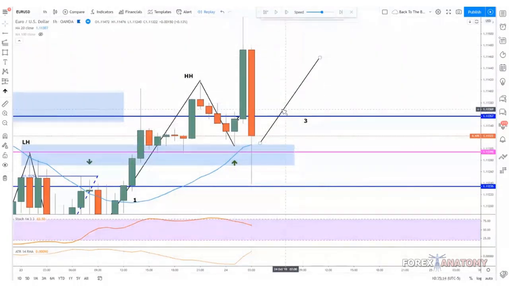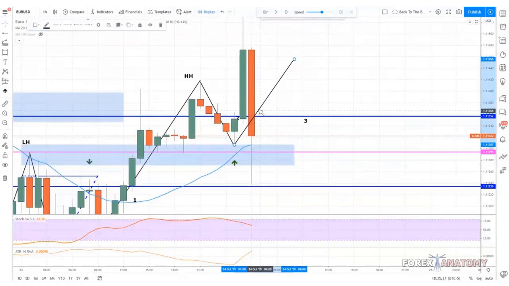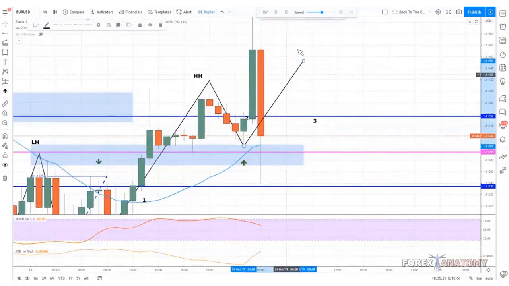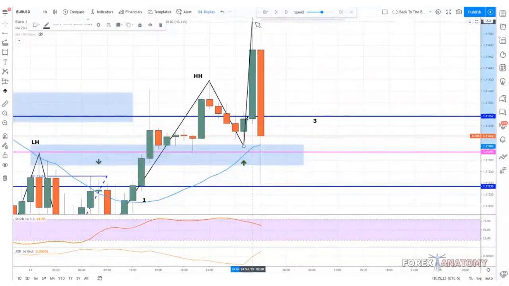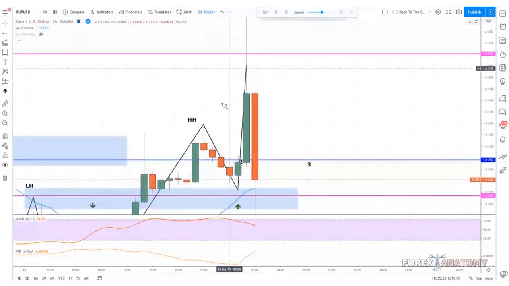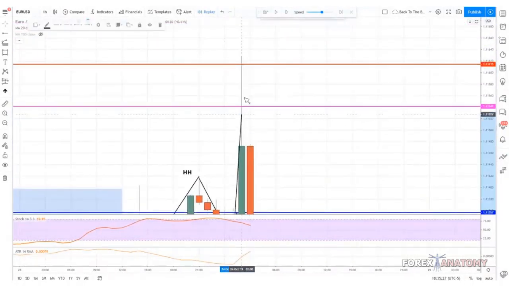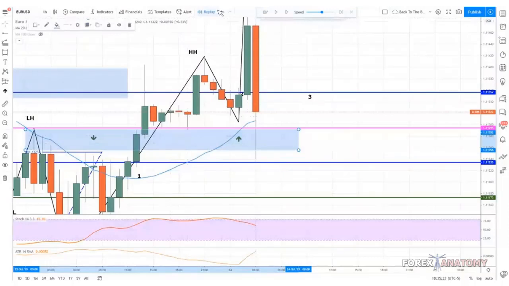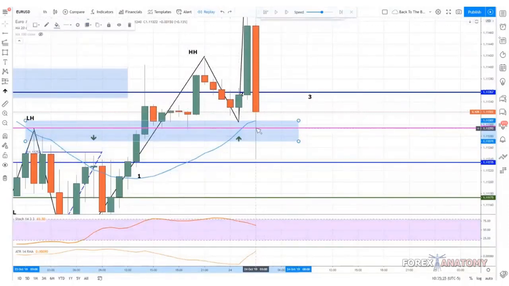But what we can do is draw in this line from this low to this high up here, all the way up to this high right there, right? And then we have this low. Price made this low right here.